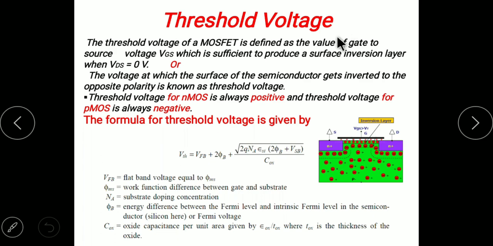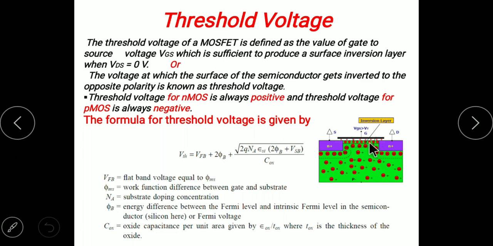Threshold voltage. Threshold voltage in general is defined as the minimum voltage required to make conduction in the transistor. Here in MOSFET it is the minimum gate voltage required to establish this channel or inversion layer. If you apply gate voltage, then the minority charge carriers in the P substrate will be attracted towards the gate region, hence they form a negative charge layer.